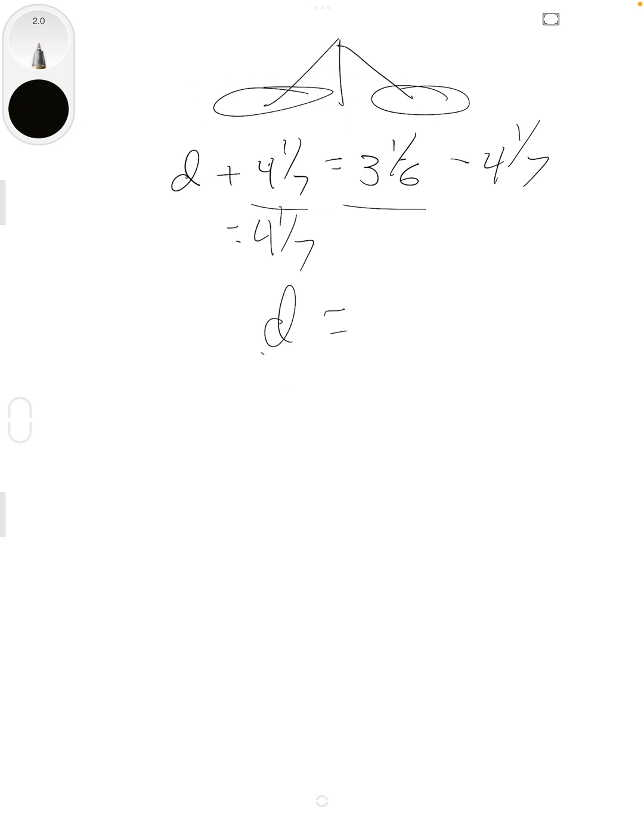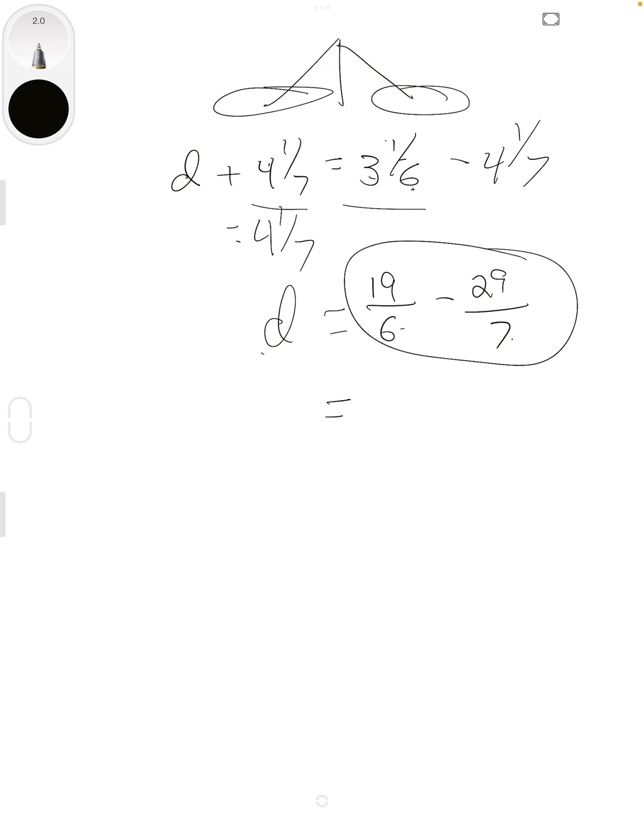And over here, now I have 3 1/6 minus 4 1/7. Well, I'm going to change this into 19/6. Remember, 3 times 6 is 18, plus 1 is 19. And I'm going to change this to 4 times 7 is 28, plus 1 is 29 sevenths. Okay, and now I go back to my arithmetic that we had been working on all year.